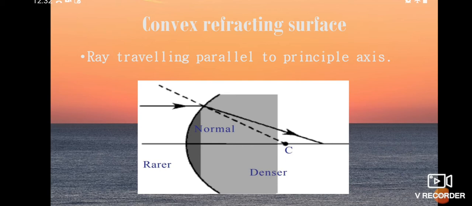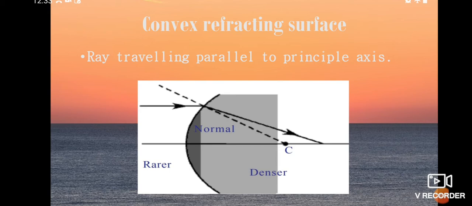When the light ray is traveling from a rarer medium, which means air, at that time we have taken a normal from the center. Then according to Snell's law, the ray which travels parallel to the principal axis from rarer medium to denser medium goes towards the normal.